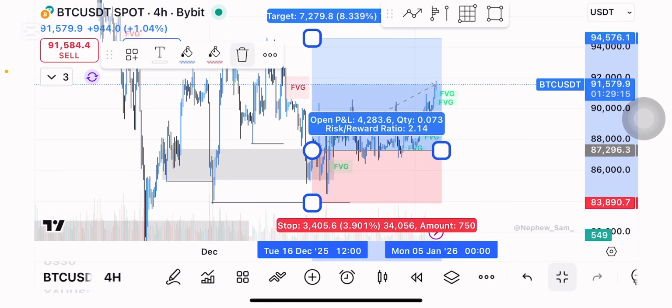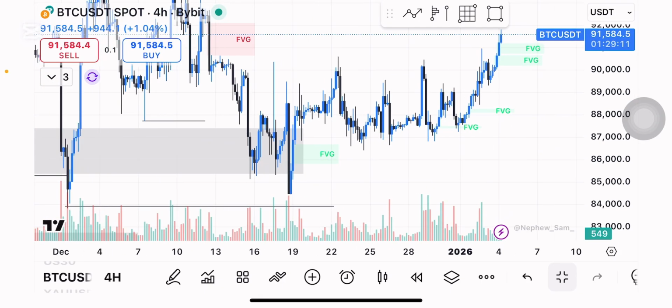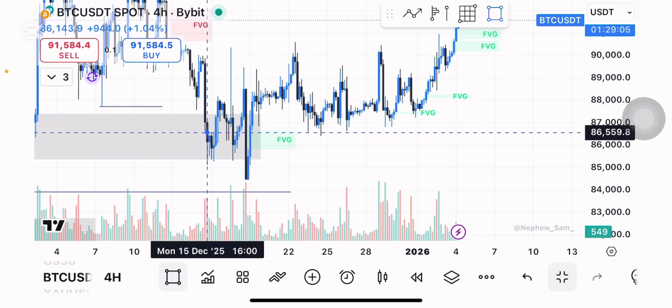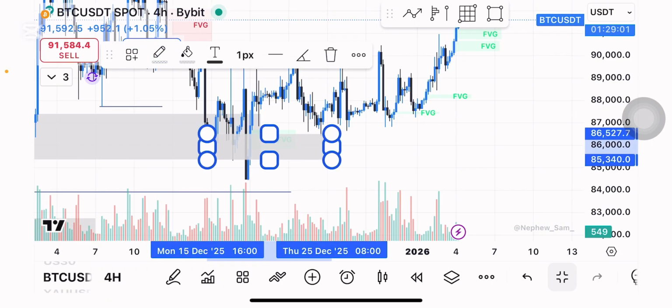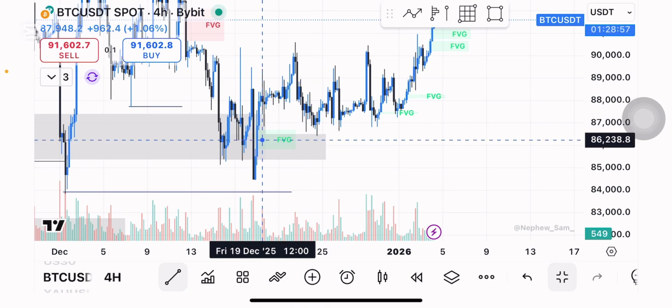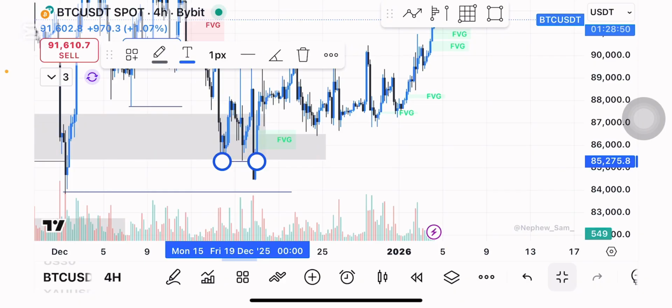So now after spotting this particular one, I spotted another Quasimodo, which was this one. It's just a pattern that once you see it, you can't unsee it. This particular one. So this was the sweep that happened here. Let me delete it.